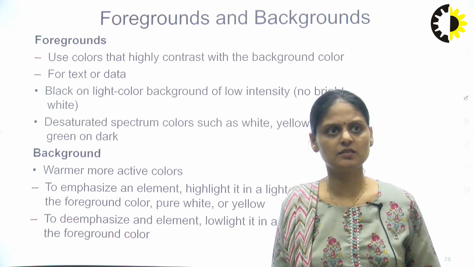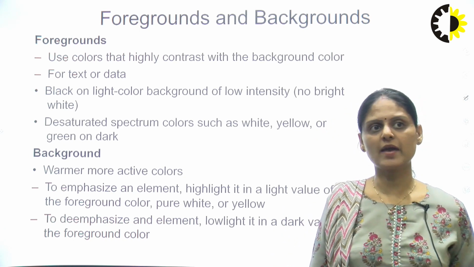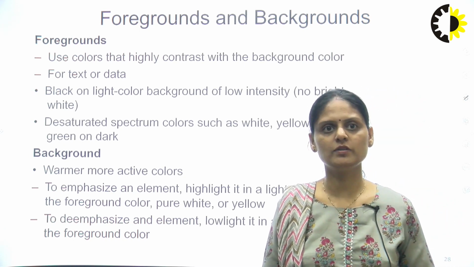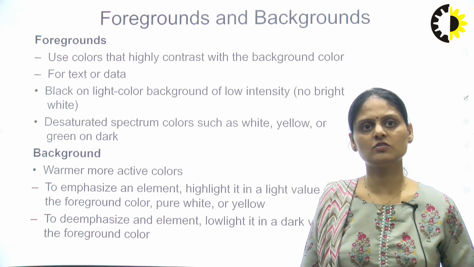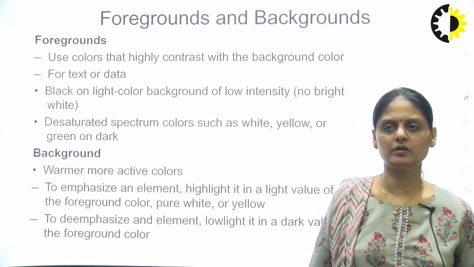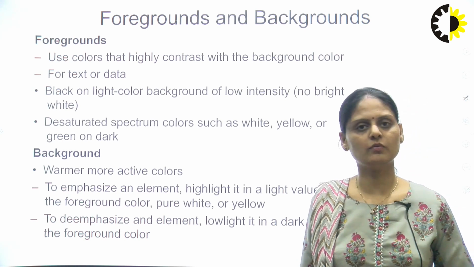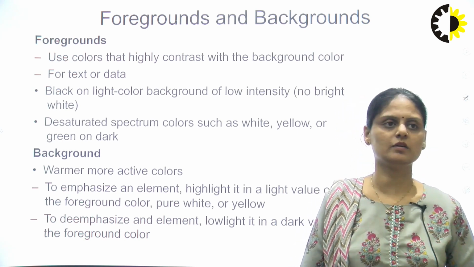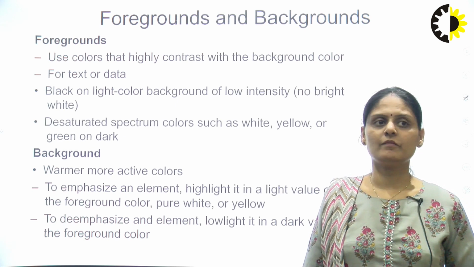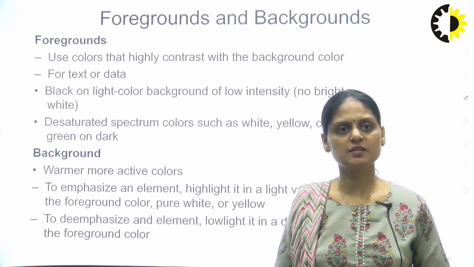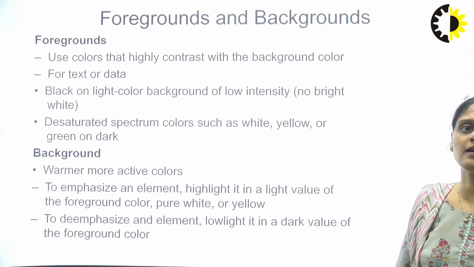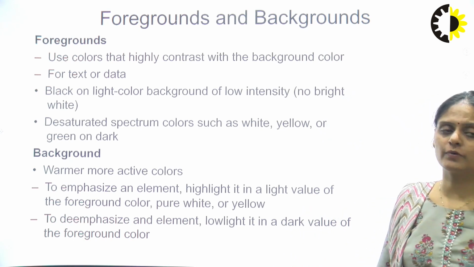It should be contrasting. For text or data, a black or light color background of low intensity is preferred. Desaturated spectrum colors such as white, yellow or green on a dark background are always there. The background should be warmer, and a more active color should be used to emphasize an element, highlighting it with a light value of foreground color.